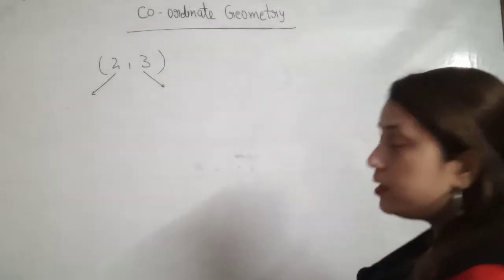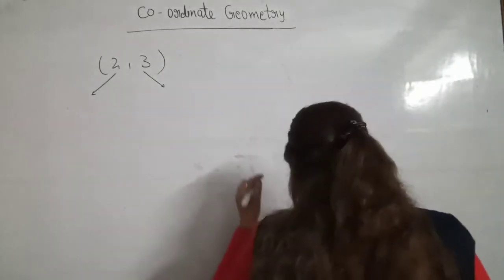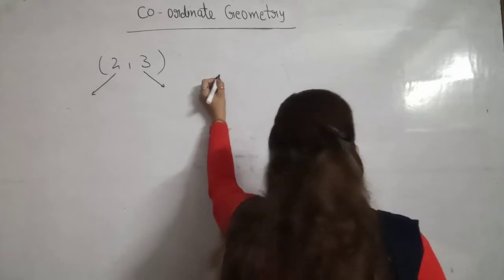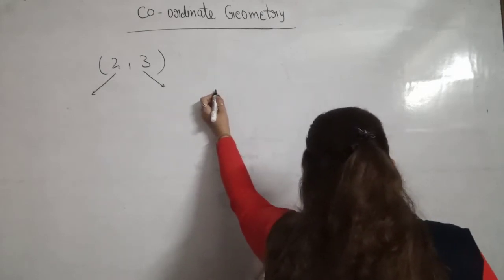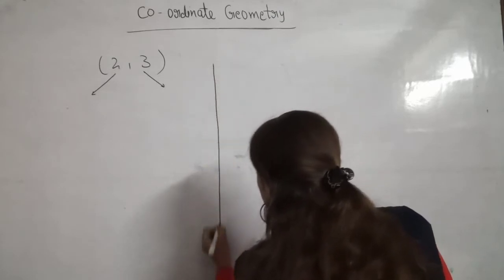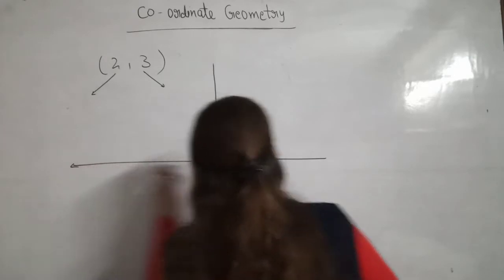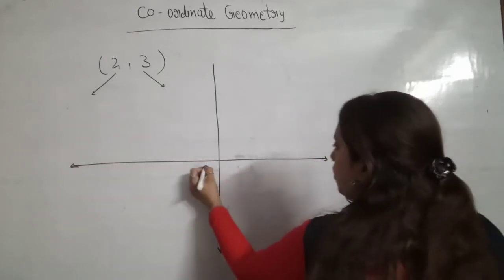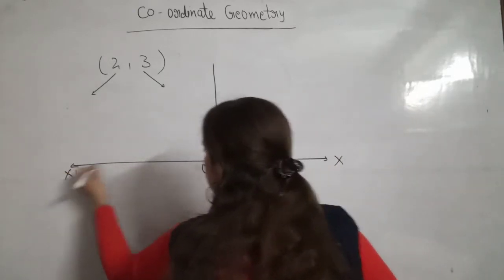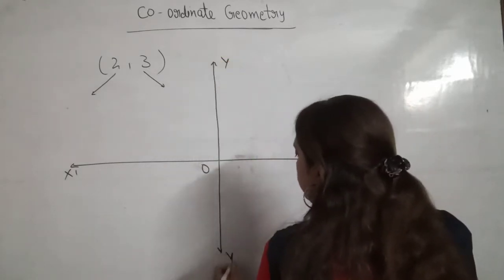Now, what is the Cartesian plane? The Cartesian plane consists of two perpendicular number lines intersecting each other: X O X dash, Y O Y dash.